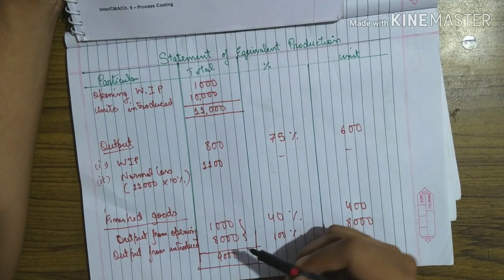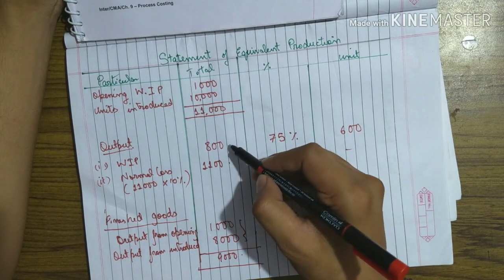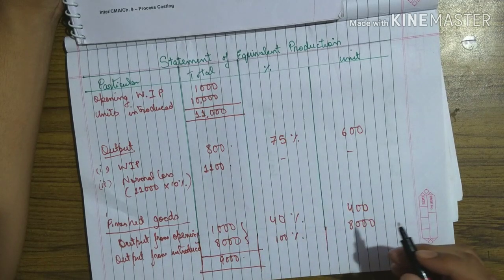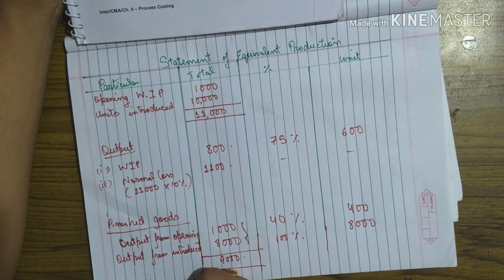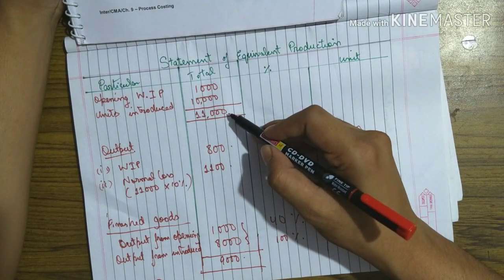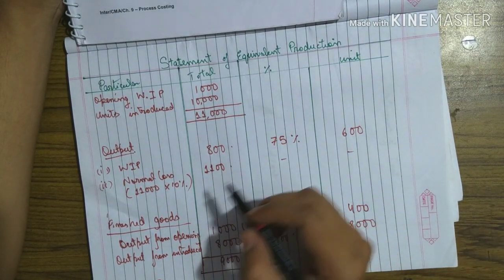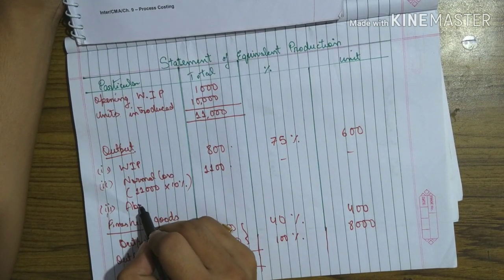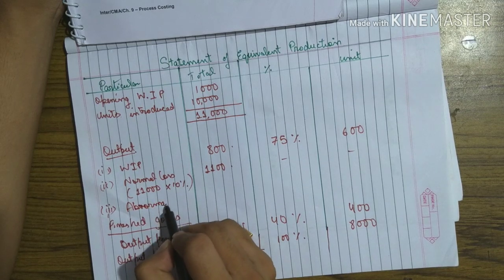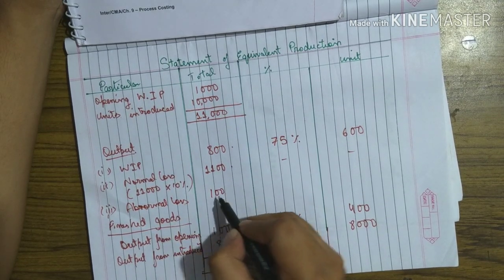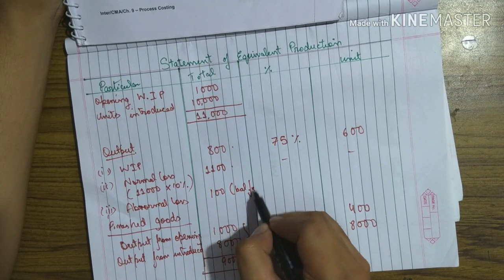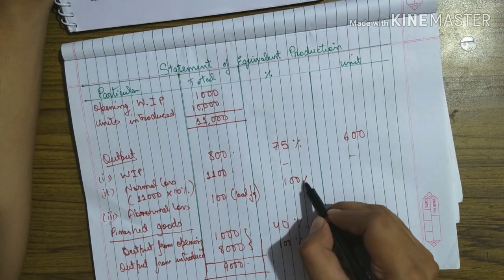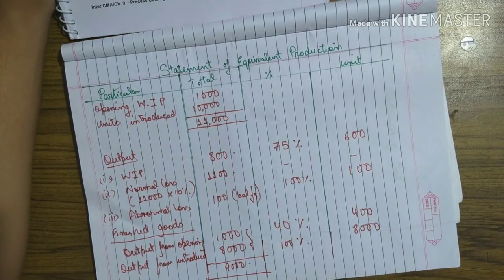So we can see 9,000 plus 1,100 plus 800, which is 10,900, and here it's 11,000, which means we will have an abnormal loss of 100, which is the balancing figure. The abnormal loss is always 100% complete, so it will be 100.